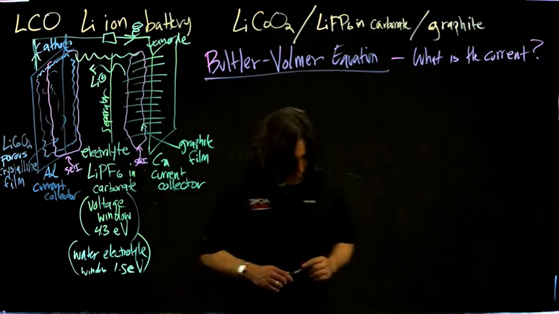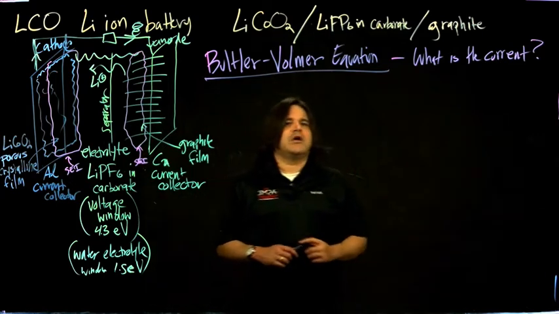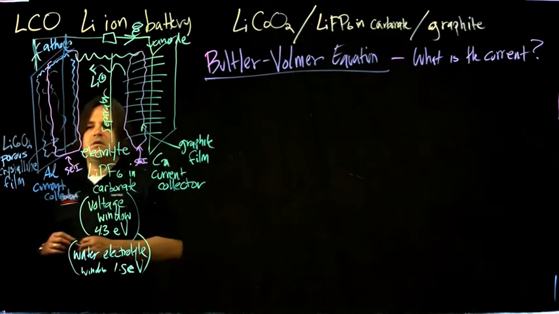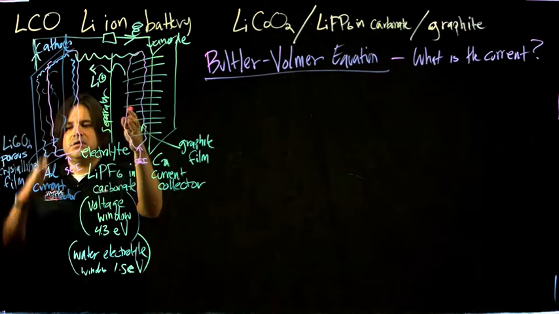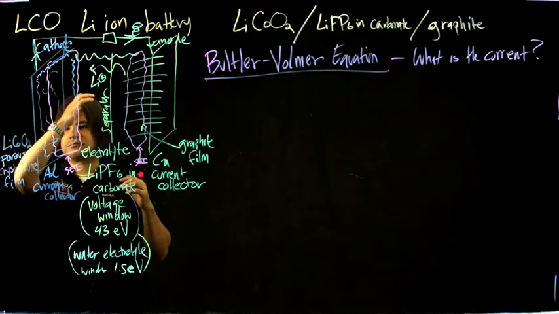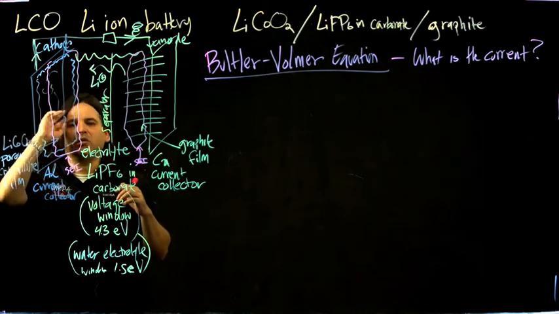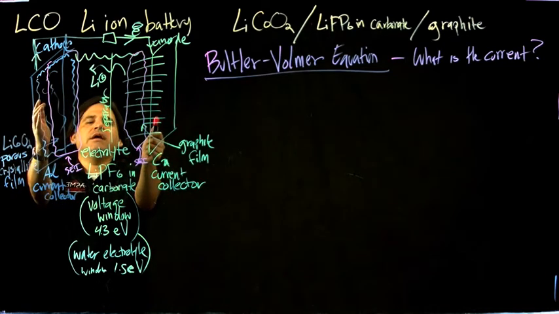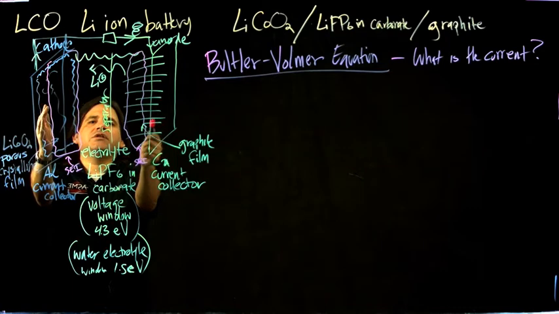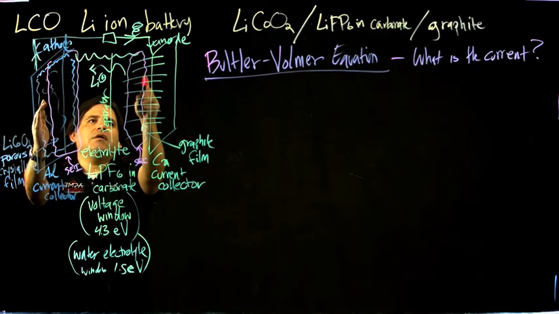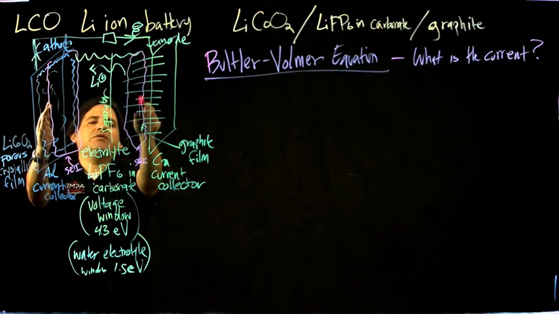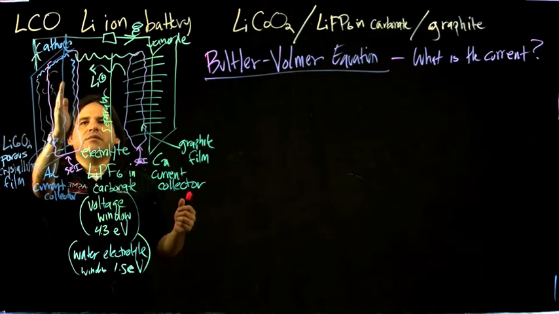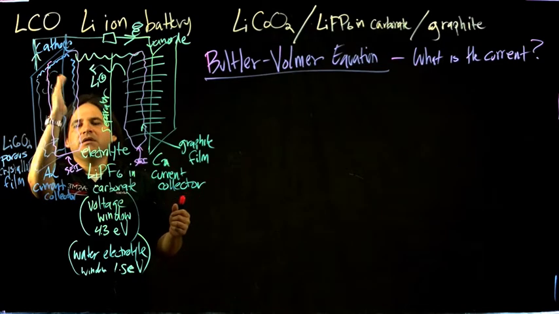Okay, so this is all based on a general reaction where this is the anode, this is the cathode. Depending on whether you're charging or discharging, lithium goes back and forth. And depending on whether you're charging or discharging, the anode material gets reduced or it gets oxidized. Same thing here with the cathode material.